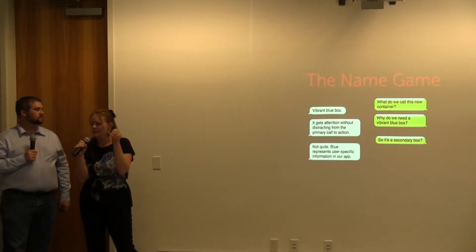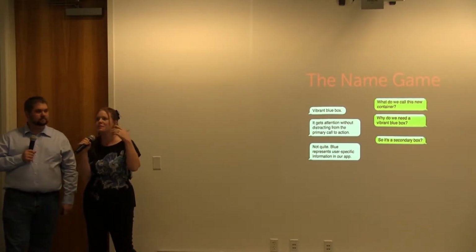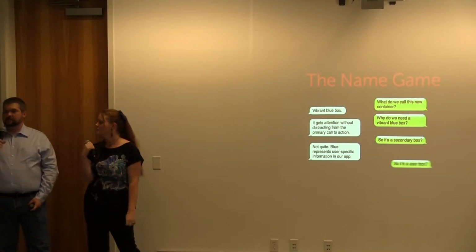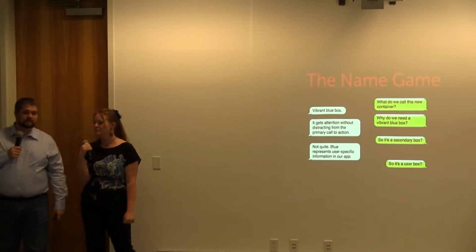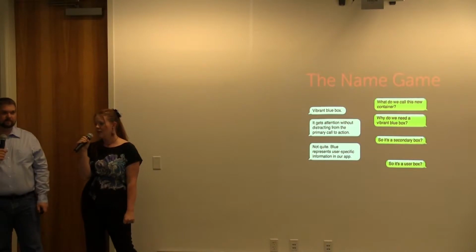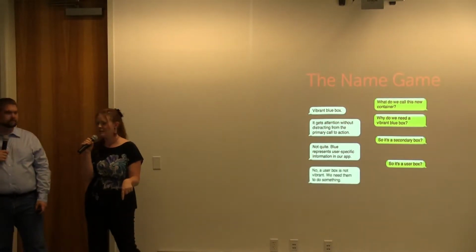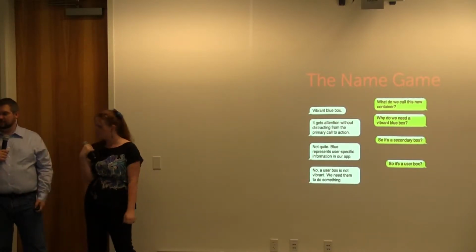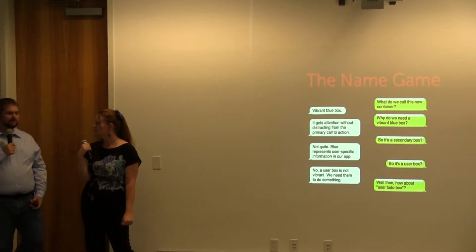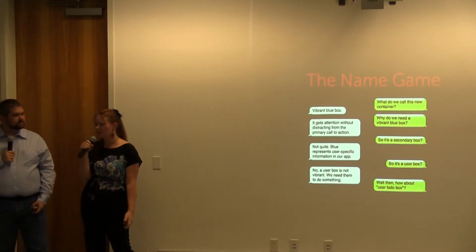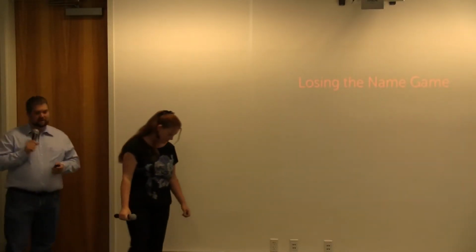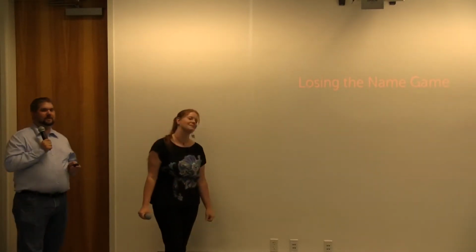Blue represents user-specific information. Oh, okay. Well, why don't we call it a user box? That sounds like a good semantic name. No, because a user box isn't vibrant. This box is to get somebody to do something. All right. Well, how about a user to-do box? Yeah, that works. Cool.